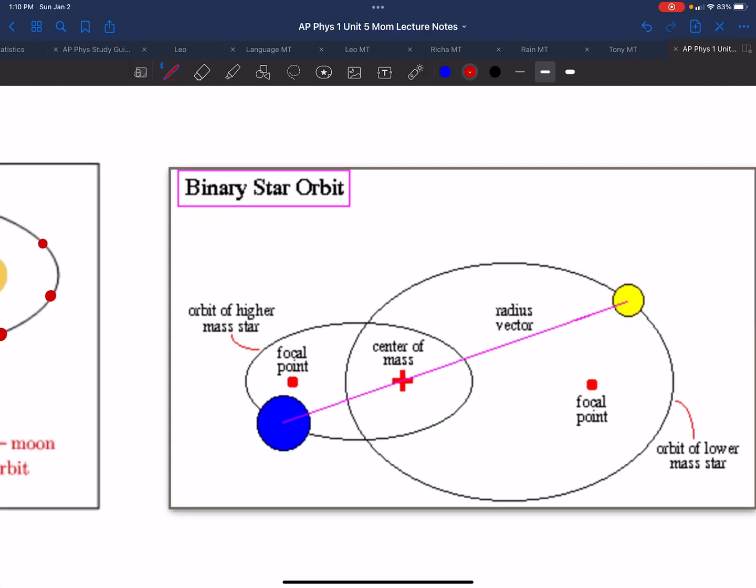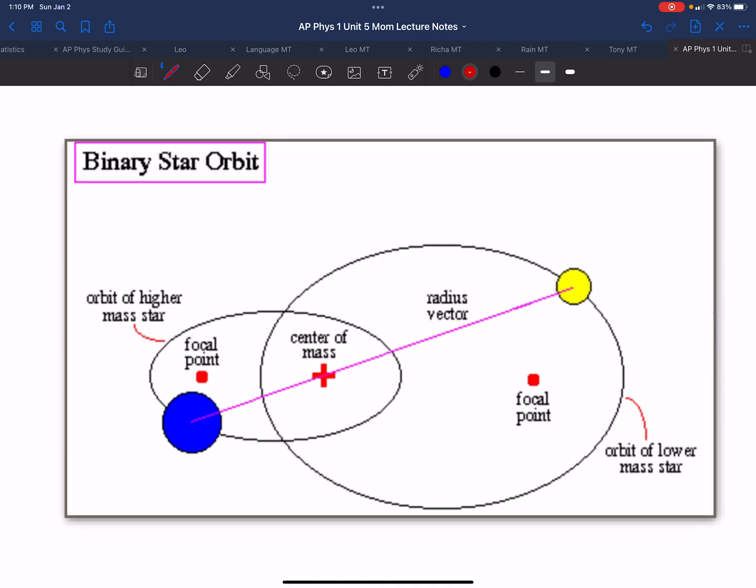This is a little bit easier to understand if we take what's called a binary star orbit. Now, binary stars are systems of stars that revolve around a center of mass. Here is star 1, here is star 2, and they revolve around each other. Kind of. What they do revolve around is the center of mass.